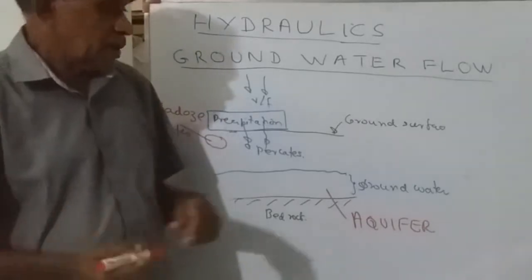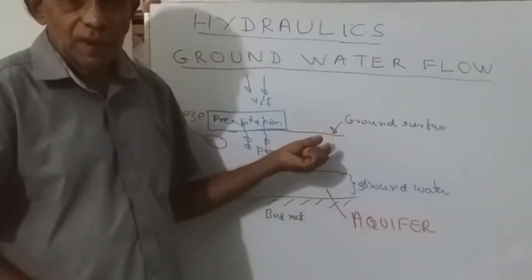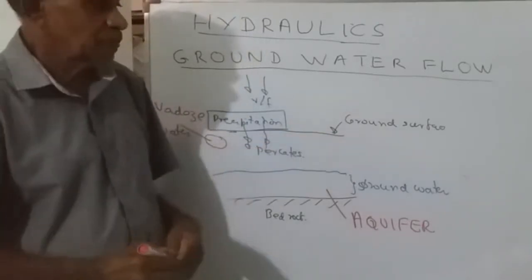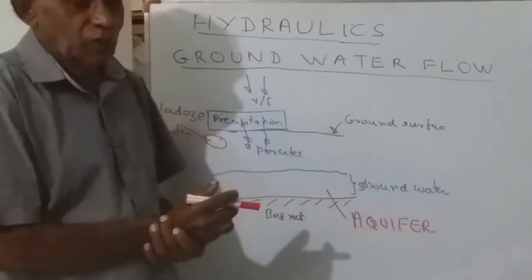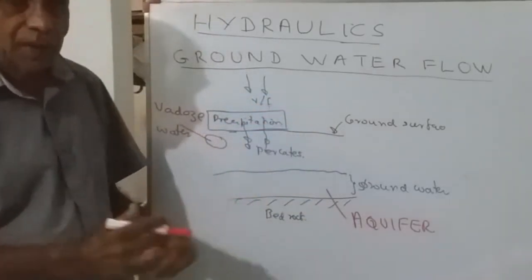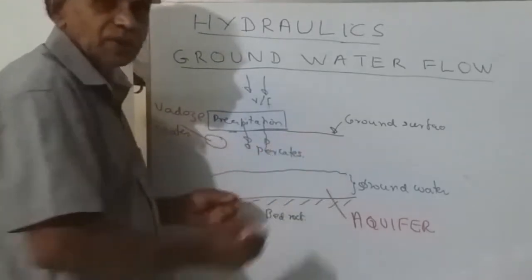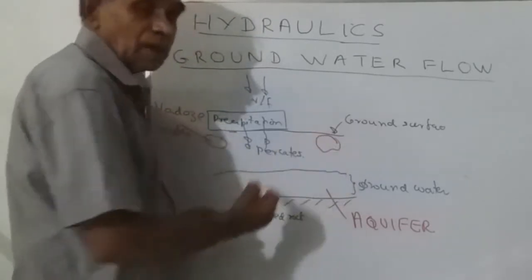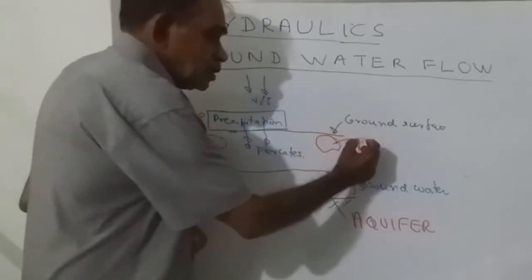Sometimes a similar mass of water exists spontaneously due to thunder. Due to thunder, hydrogen and oxygen combine to form molecules of water. That also exists as a mass of water suspended inside the ground like this. That is known as juvenile water.